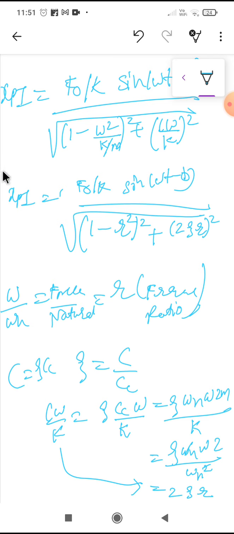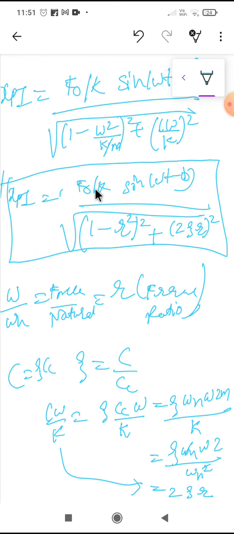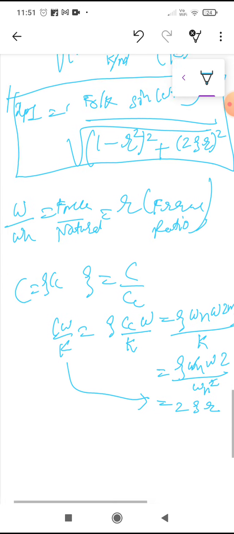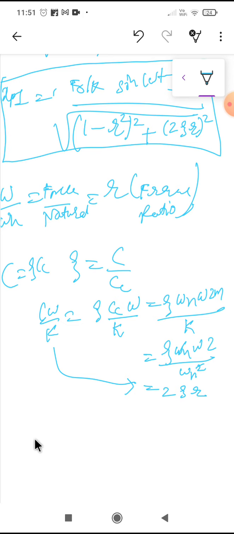So our final equation for particular integral will be xpi equal to f0 by k sine omega t minus phi divided by under root 1 minus r square whole square plus 2 zeta r whole square. So this is the final xpi equation, and this 1 upon the denominator term is called the magnification factor.